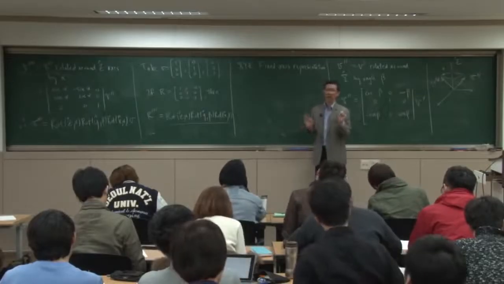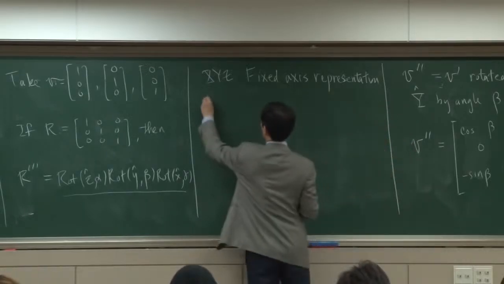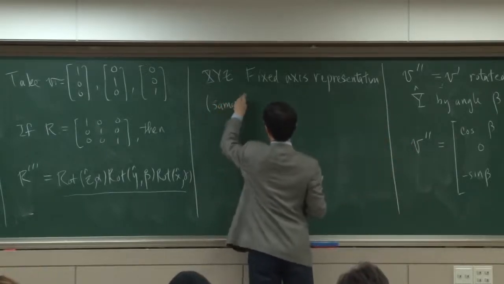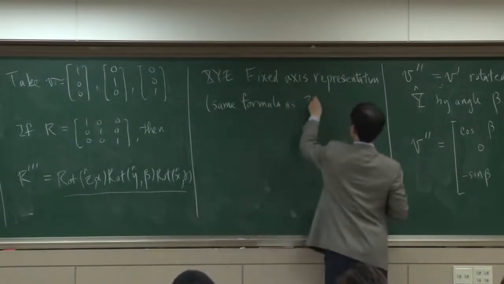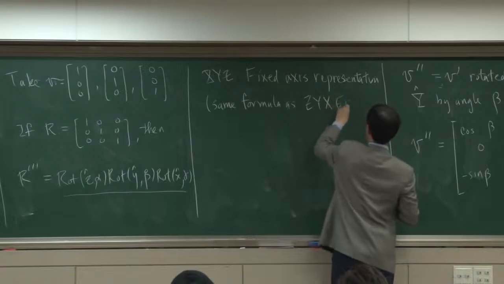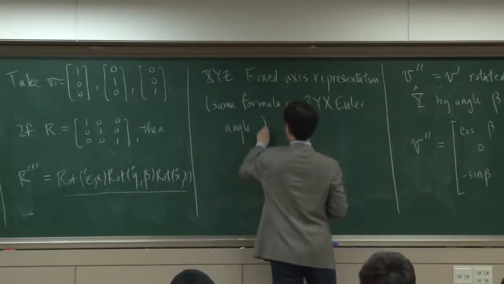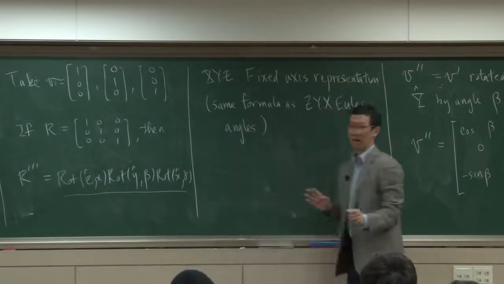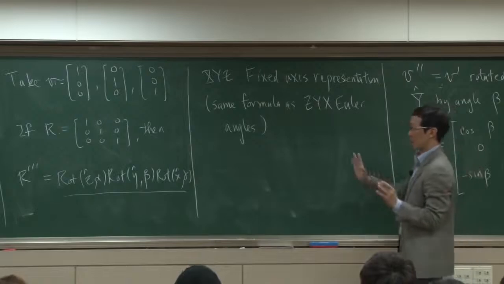The thing to note is the formulas are the same, the same formula as the ZYX Euler angle formula. So it's pretty important to understand that there are two physically different ways of getting to the same orientation.